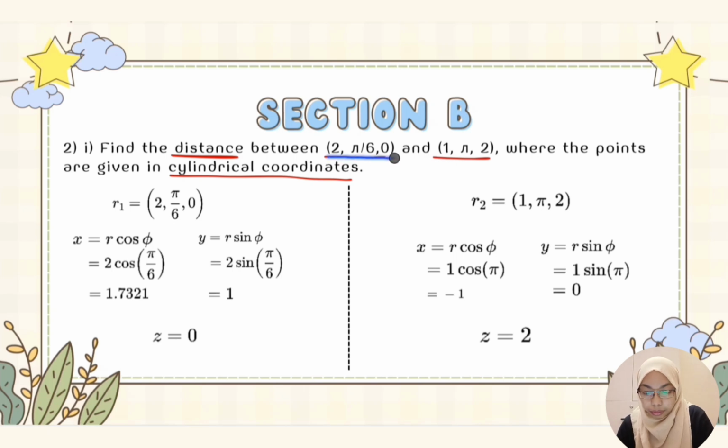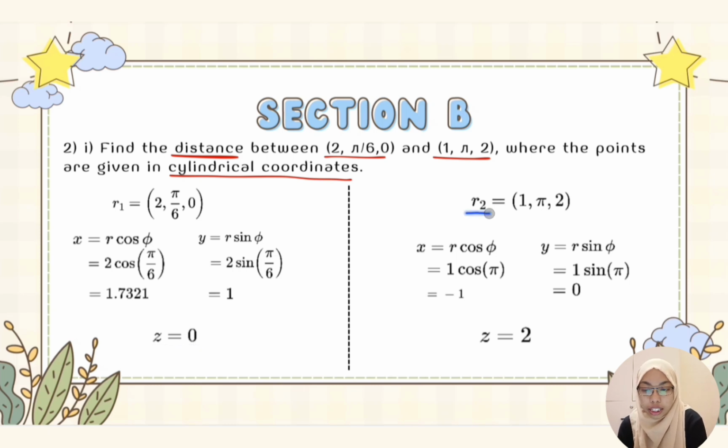We assume that this point is r1 and this point is r2. For r1, x equal to r cos phi equal to 2 cos pi over 6, and we can get 1.7321. Y equal to r sin phi equal to 2 sin pi over 6, and we can get 1. And z, we can get 0.